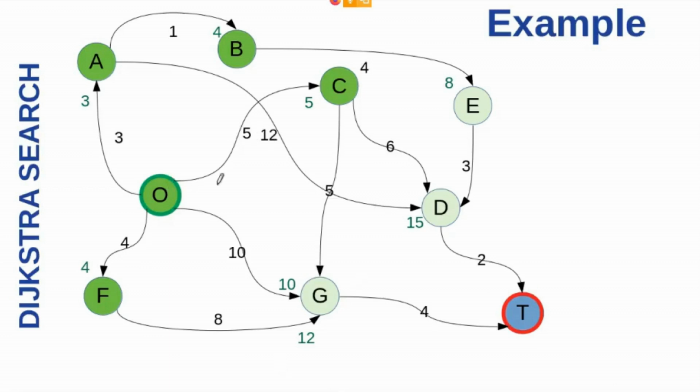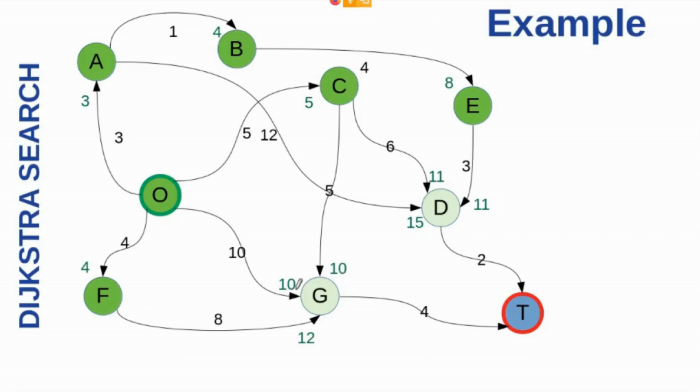Here we have a 5 from O to C, and then we add this 6, so we have an 11, right? According to all these nodes, it's clearly this 8 the minimum value, right? The new neighbor is this 8 plus 3, which is 11, right?